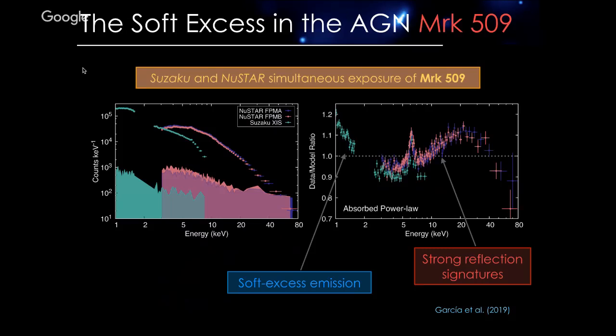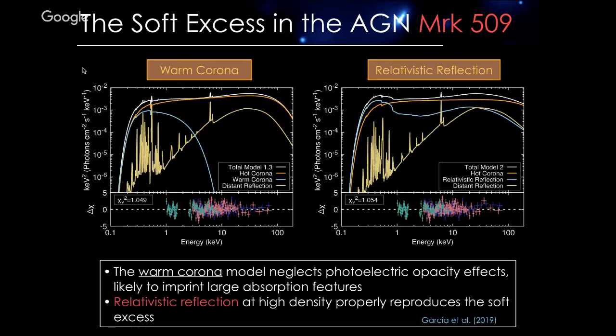So when we use these models, we tested it on a few AGNs. This is one particular case of an AGN called Markarian 509. These are systems in which we already see some strong soft excess emission that is typically difficult to explain. Some people have argued for a warm corona scenario, where you have some other corona, even more mysterious than the first one, trying to come up with an explanation for this soft emission.